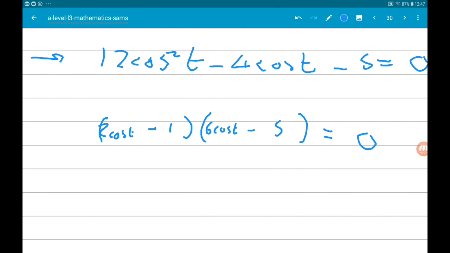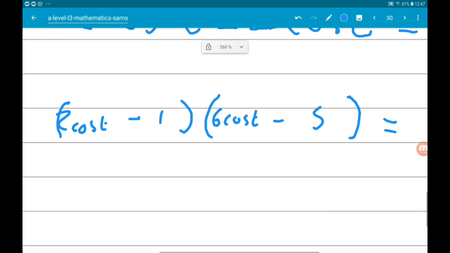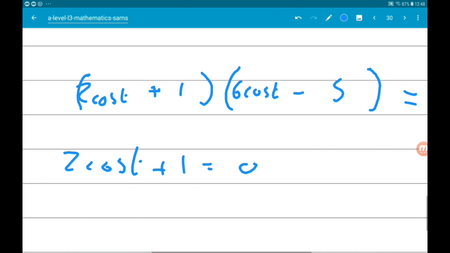So that tells us then either 2 cos of t plus 1 is equal to 0, which leads us to cos of t is equal to minus 1/2.